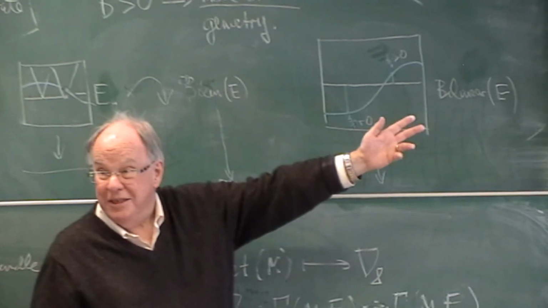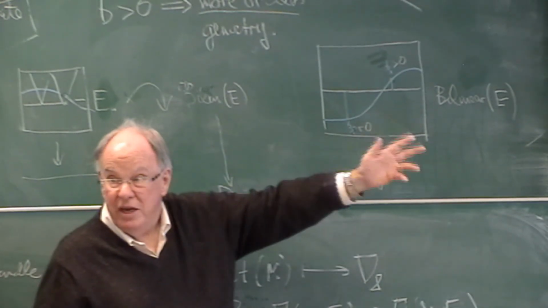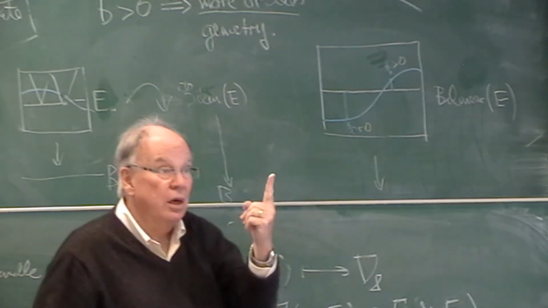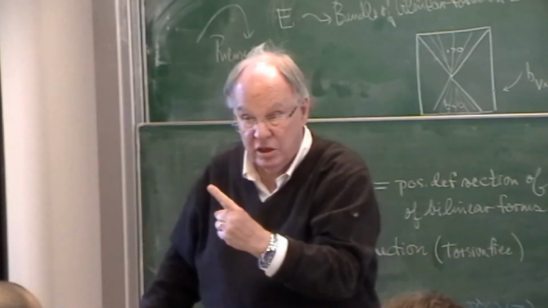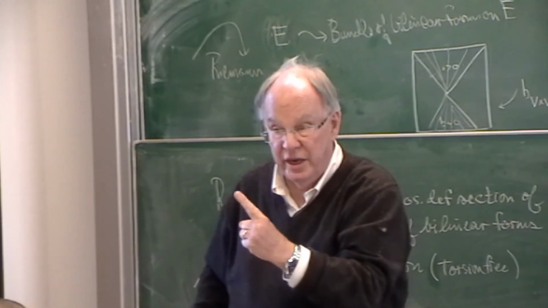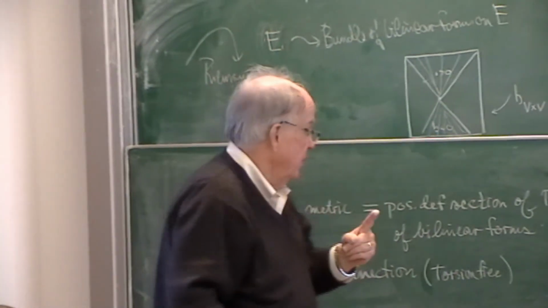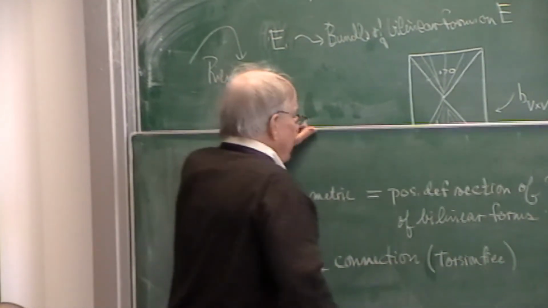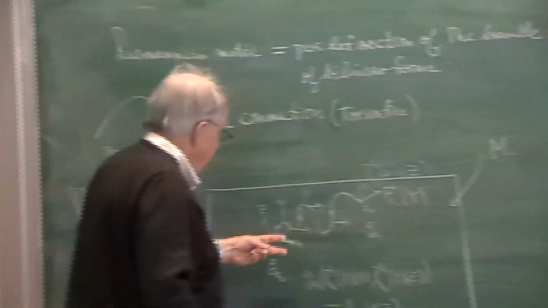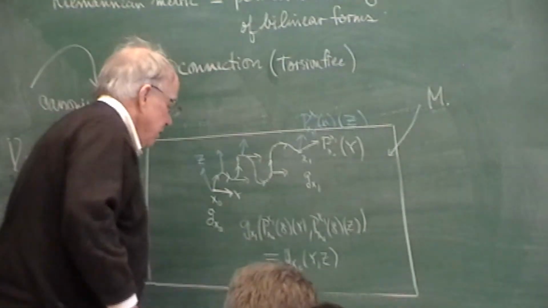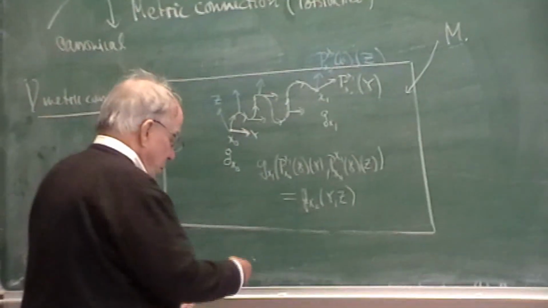There are many, many metrics. But if you take one of them, then take the canonically related connection, and I claim Riemann had that in mind, then parallel transport takes vectors over there, and this is a statement, is that parallel transport is an isometry.